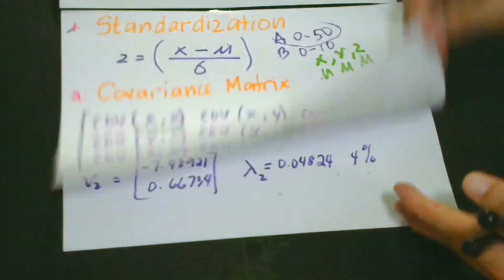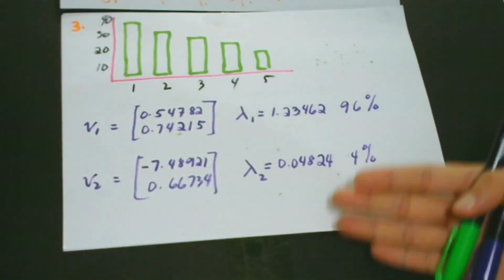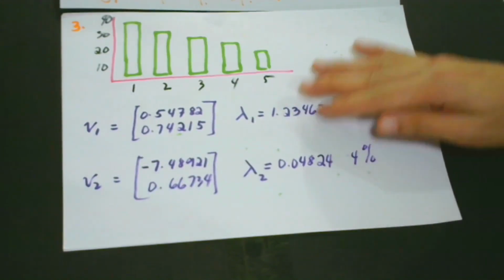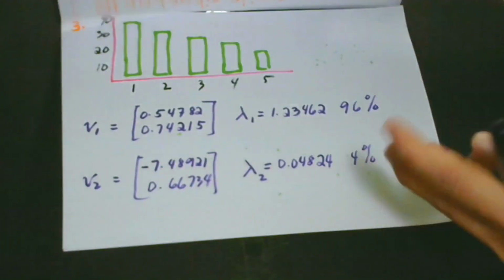Okay? So when we say principal components, they are the new variables that are constructed as linear combinations of the initial variables.